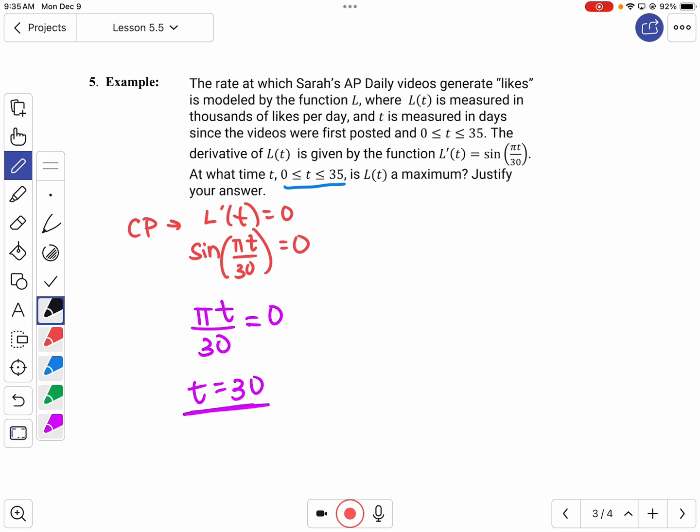Okay, so when we think about our sign chart, we've got t, we've got L prime, and we've got L. We know nothing about L, but we're going to figure out what it's doing around these critical points. So a point I could pick between 0 and 30, I'm probably going to pick 15. Why do you think I might pick 15?